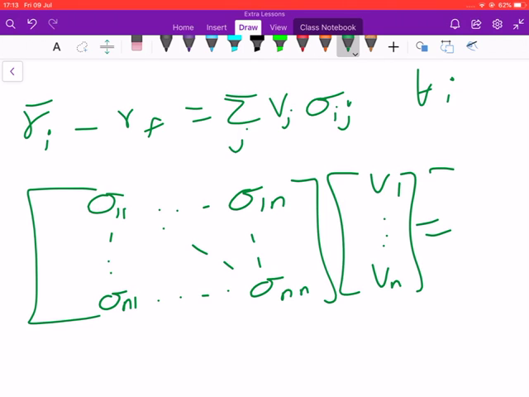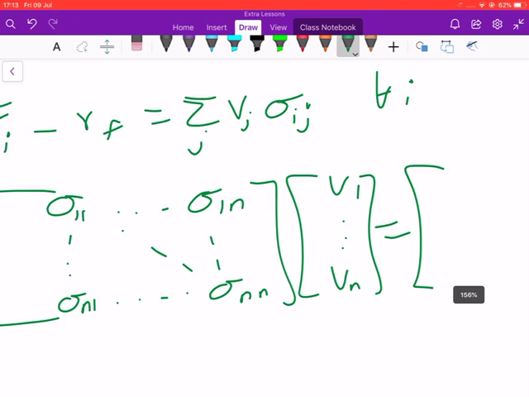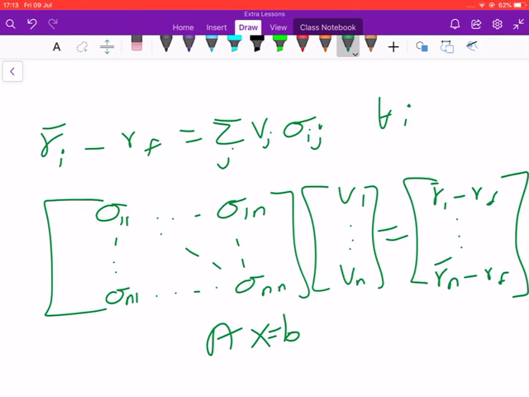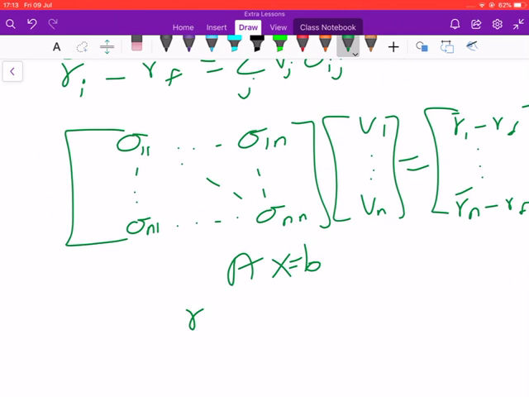All this equals the returns of 1 minus the risk-free rate, all the way to the returns of n minus the risk-free rate. This is particularly Ax equals b. You reduce the rows of A to find your weights, your v's.